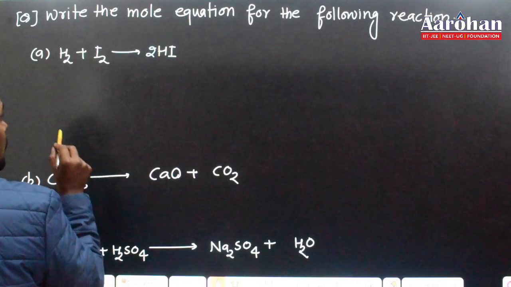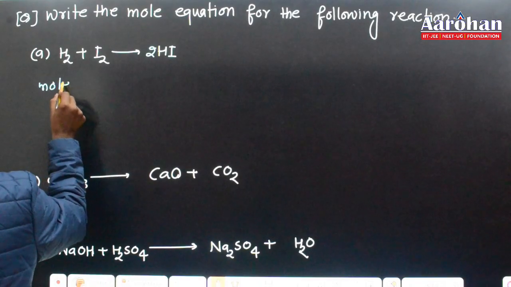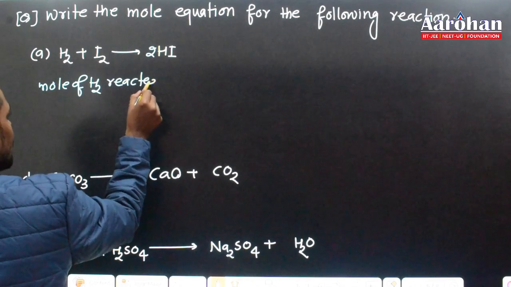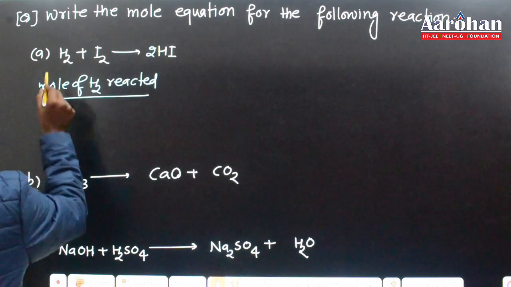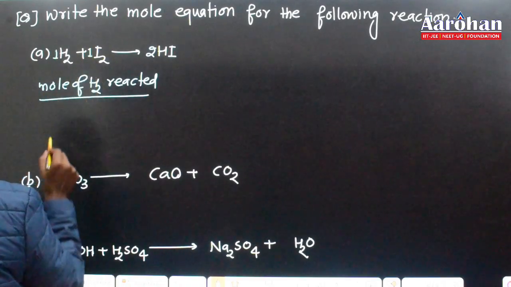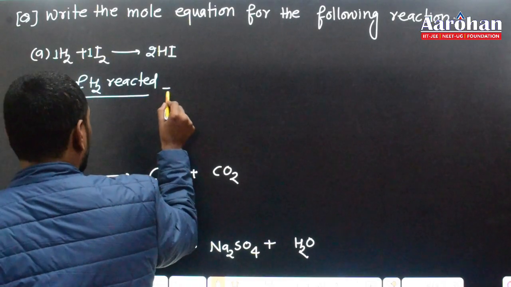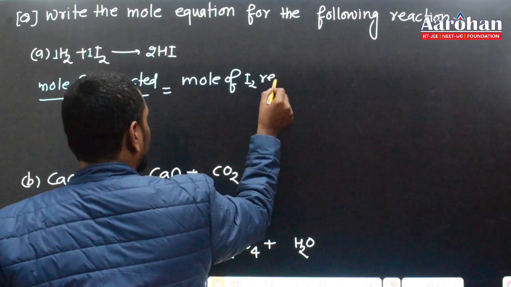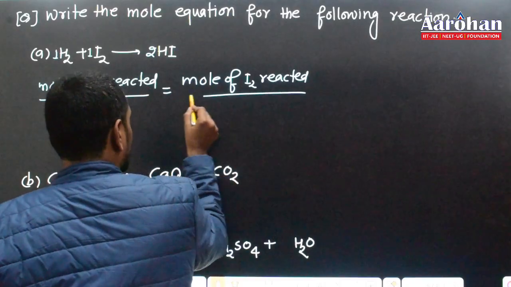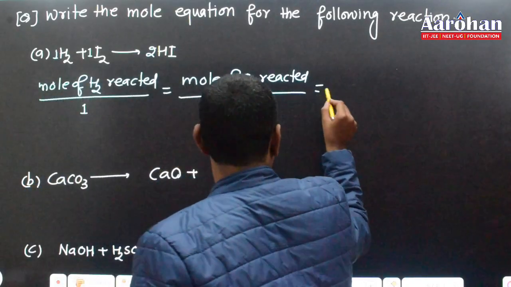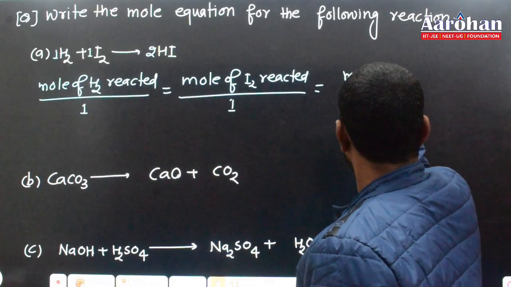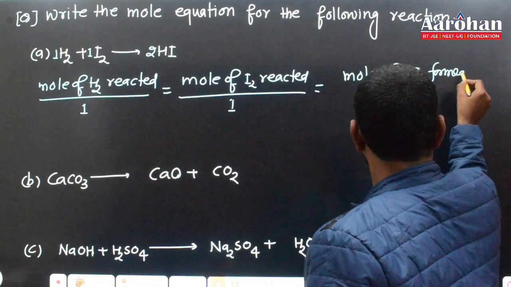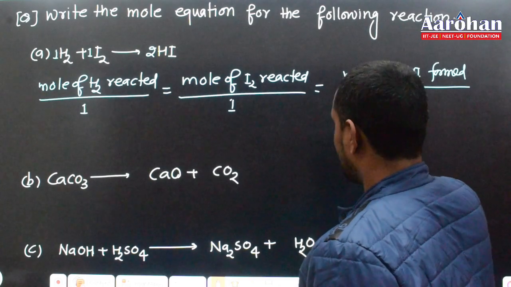Then the mole equation is: moles of H2 reacted divided by its stoichiometric coefficient 1, equals moles of I2 reacted divided by its coefficient 1, equals moles of HI formed divided by its stoichiometric coefficient 2.